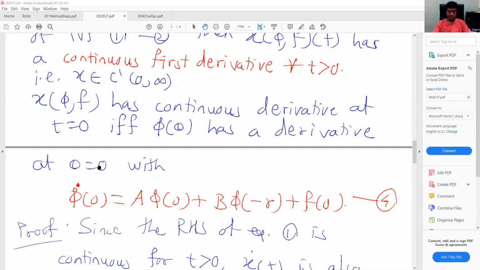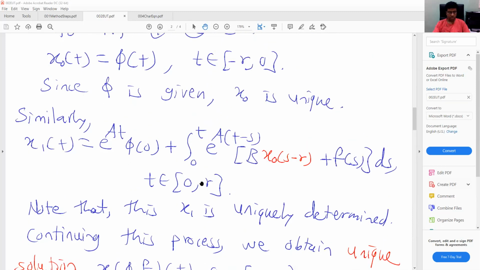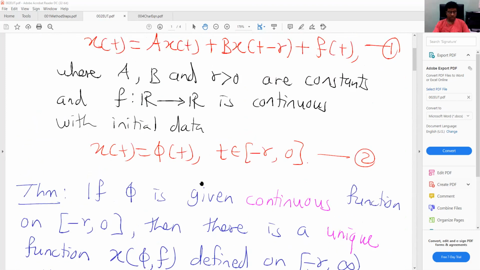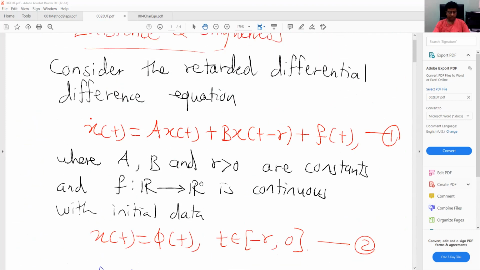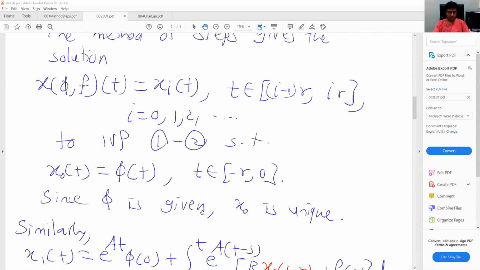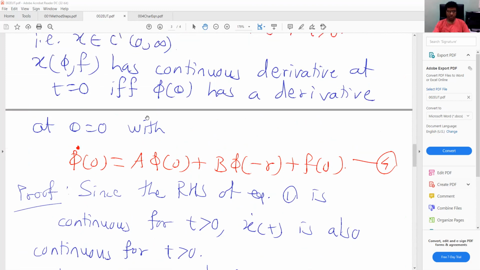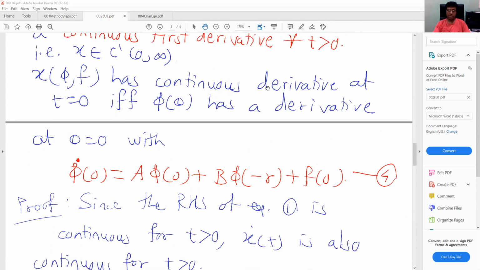Now there is another thing. If phi dot of 0 is equal to a into phi of 0 plus b into phi of minus r plus f of 0, then this solution is continuously differentiable at t equal to 0 also. The converse is also true.